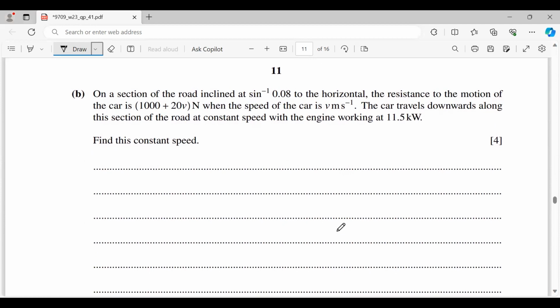B. On a section of the road inclined at sine theta equals 0.08 to the horizontal, the resistance to the motion of the car is 1000 plus 20v newtons, where v is velocity.